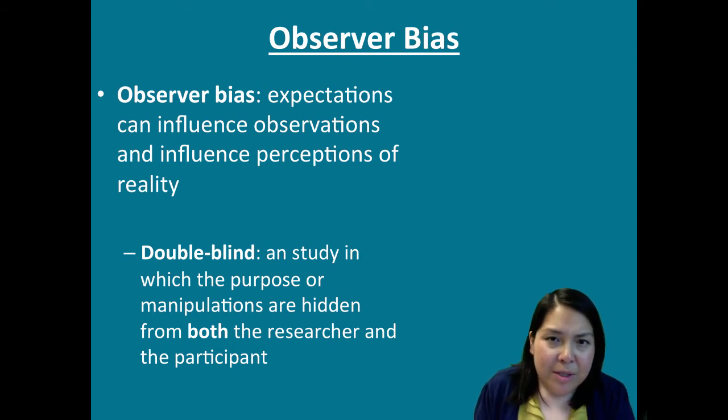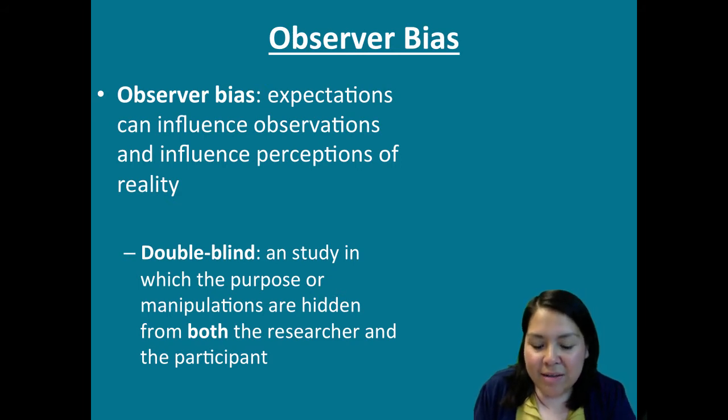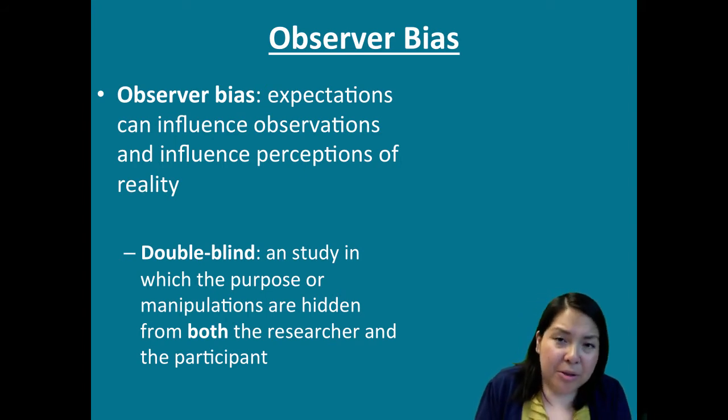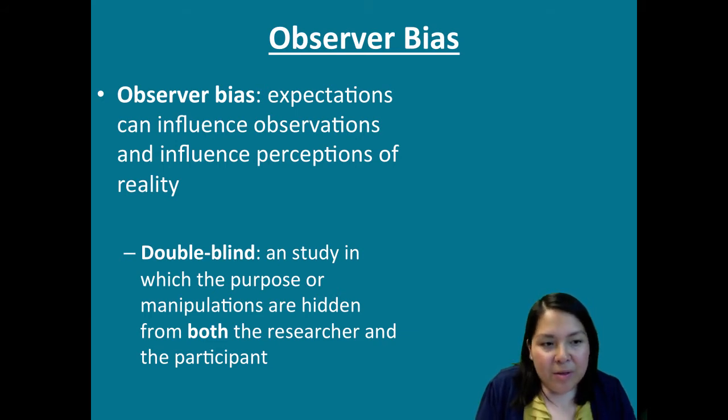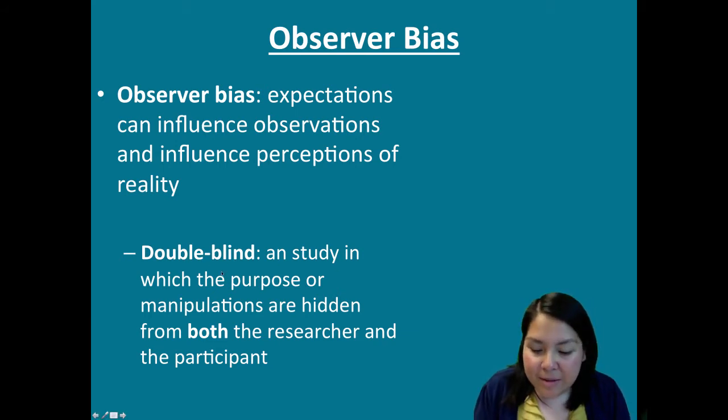So I expect them to have a reduction in the number of symptoms, so they're not as hyperactive, they're not as inattentive, or I may distort the results. To lessen that bias, we hold a double-blind study.